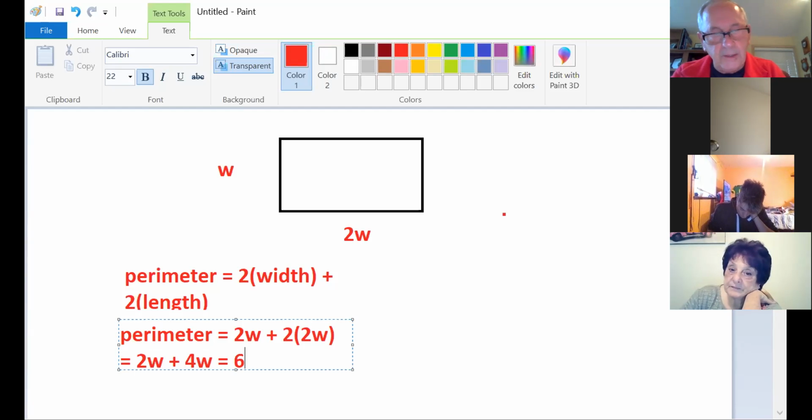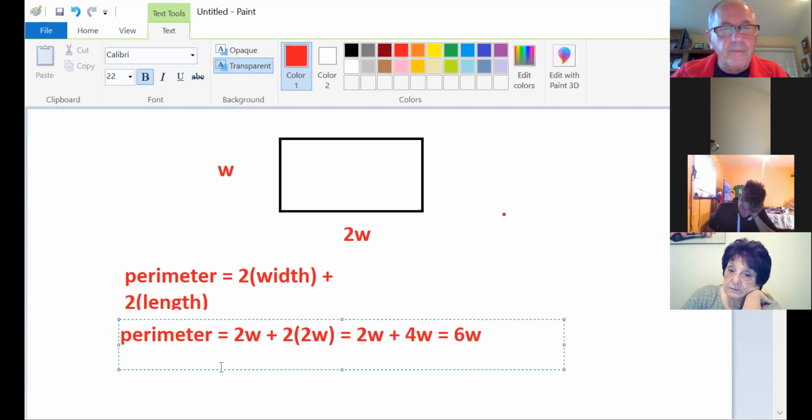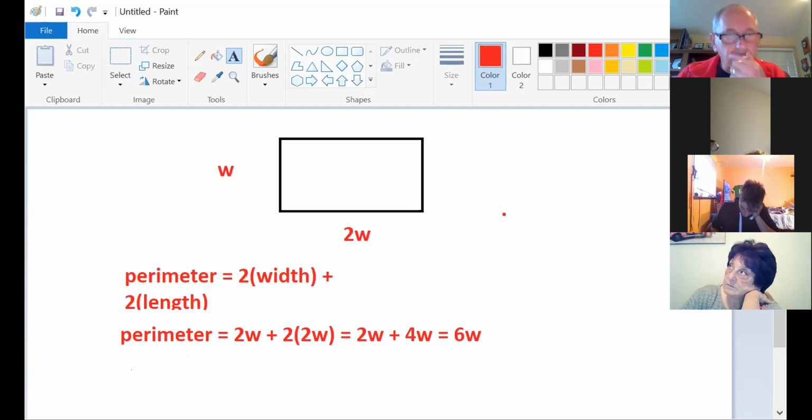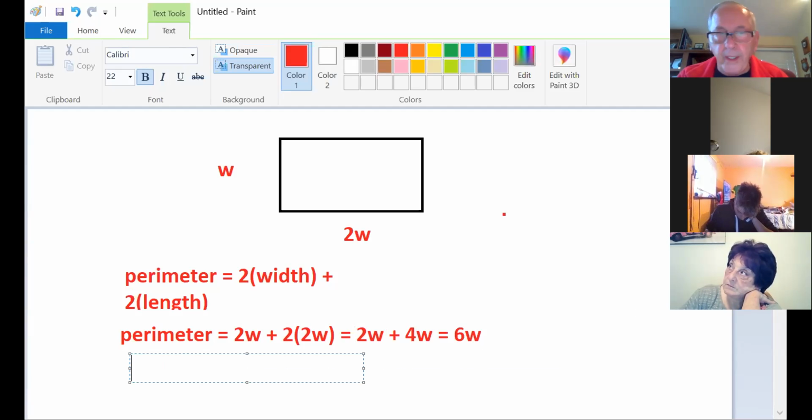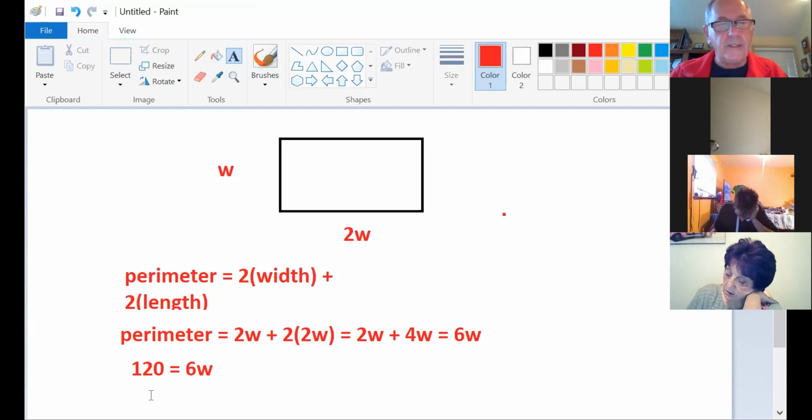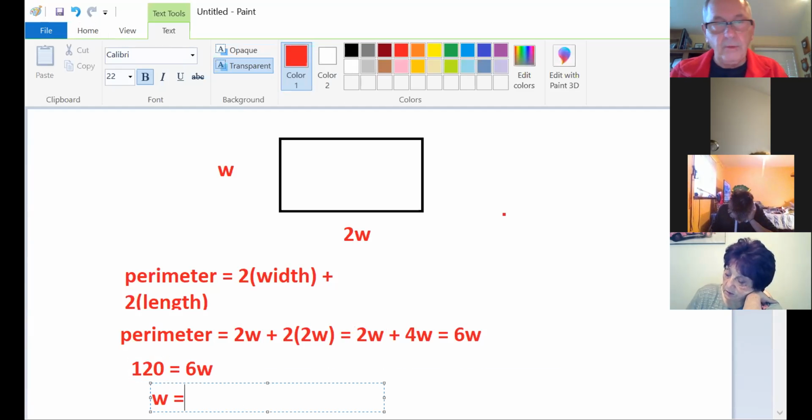What's that equal to? 6W, okay? So you know the perimeter is equal to 6W. It says the perimeter is equal to 120, right? So now you know 120 is equal to 6W, right? So now you divide 6 into both sides and you get what W is. W is equal to 20, right? So this is 20 and this is 40.